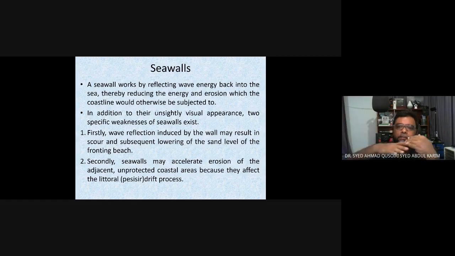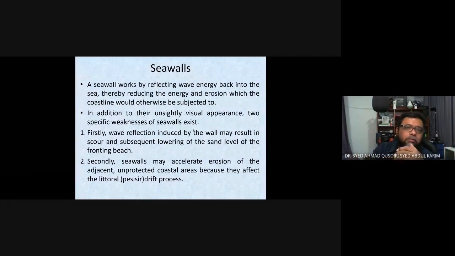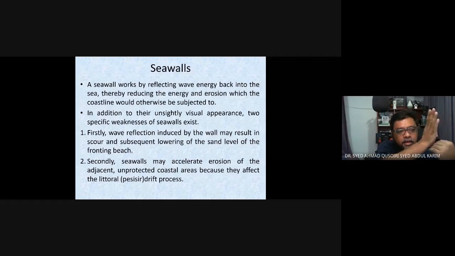Because that part of the soil is like being washed away twice. Okay? First by the incoming waves, and then second by the outgoing waves. Okay? At the same magnitude of energy. So this will cause the front of the seawall to be eroded a lot more.